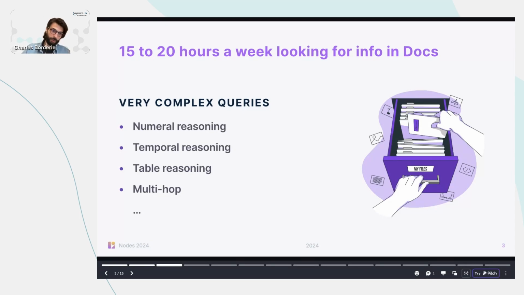Also, we are working on top of tables, so we need to be able to extract the specific point of information from the table and also combine it with different criteria. So it gives multiple constraints, and that's why it's super fun, because we are not talking about pure search, we are talking about something that goes far beyond.